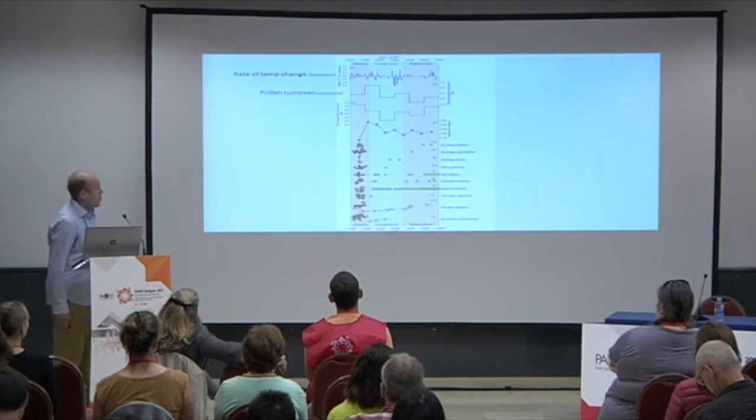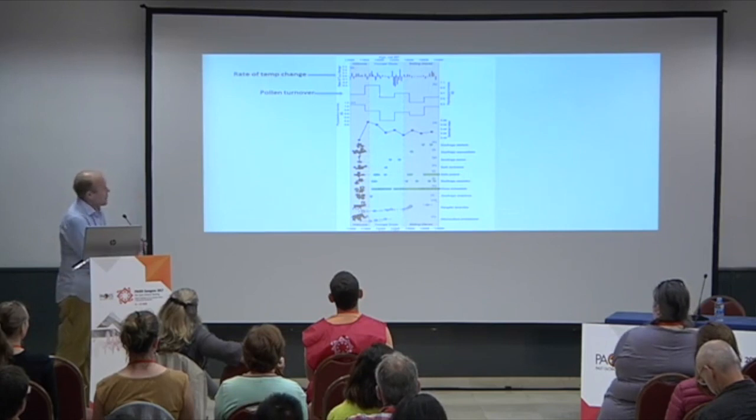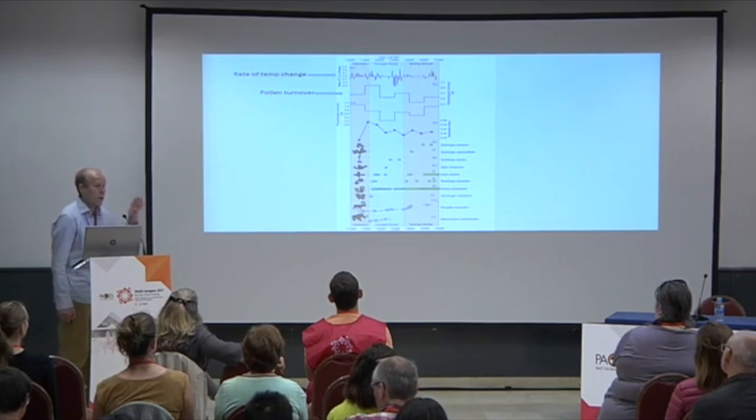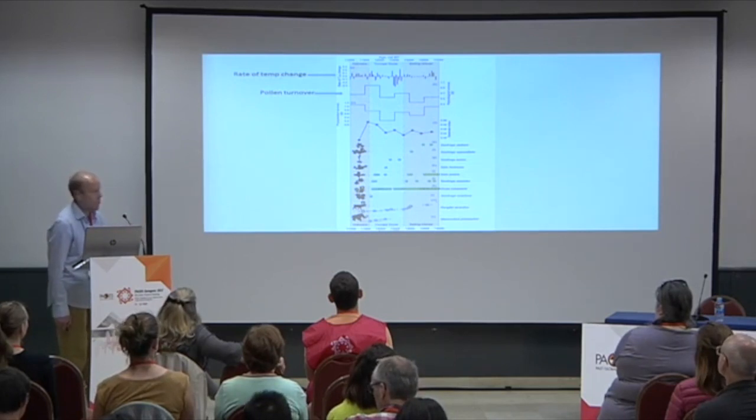This is the pollen turnover, and it's highest here in the Younger Dryas Holocene transition. It's quite low in the Holocene. Holocene is quite stable. And also the Bølling-Allerød interstadial is quite stable. So the turnover is clearly highest when the temperature is changing, either getting colder or getting warmer.